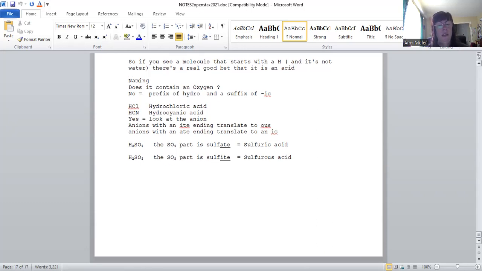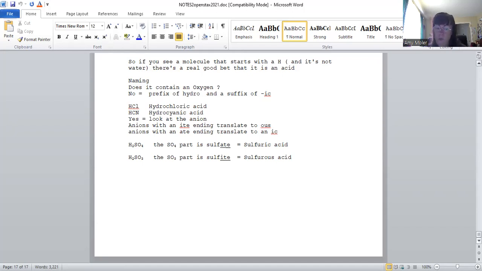Now we go back to IC and US systems again. So again, rules are not as helpful as you would like, but if the anion, the things that came after the hydrogens, used to end in ITE, when you make it into an acid, it has to become an OUS acid. If you had an ion that ended in ATE, it changes to IC.